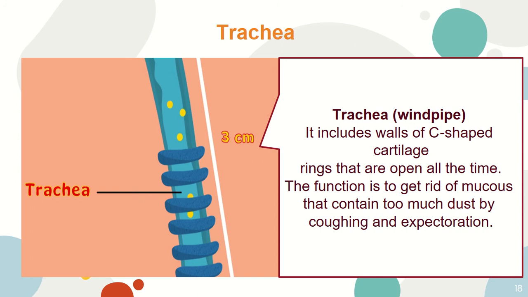The function of the trachea is to get rid of mucus that contains too much dust by coughing and expectoration. Also, the trachea is a tube that connects the lungs and the larynx or the pharynx.